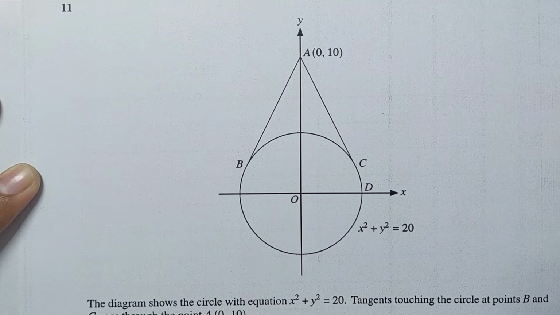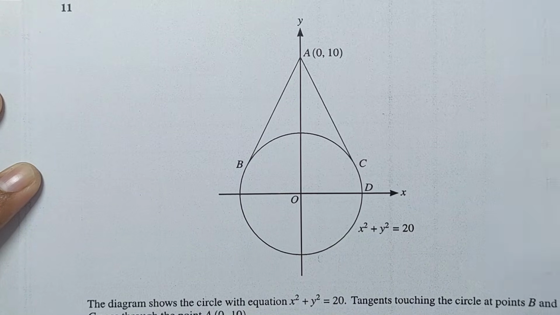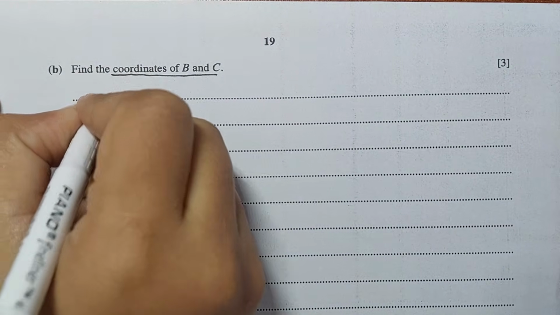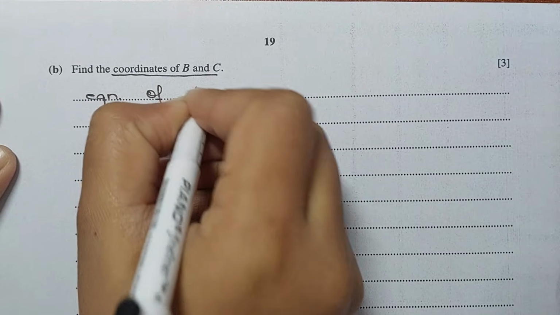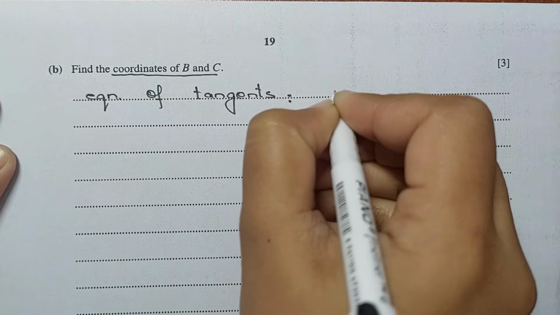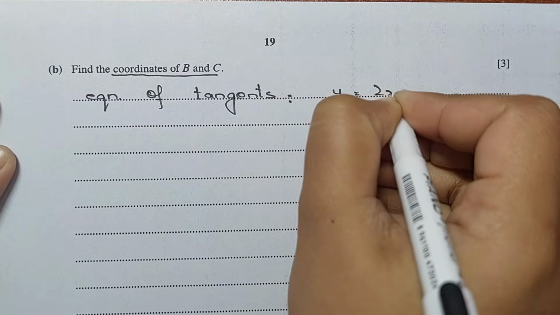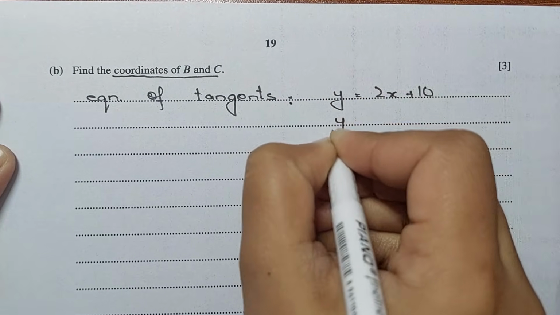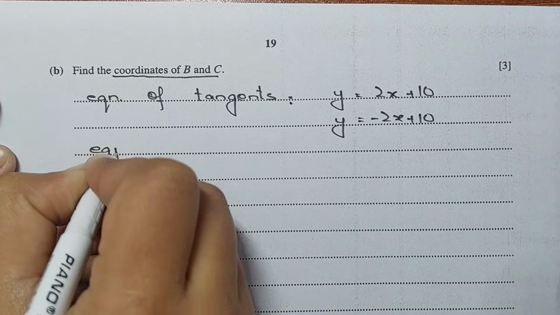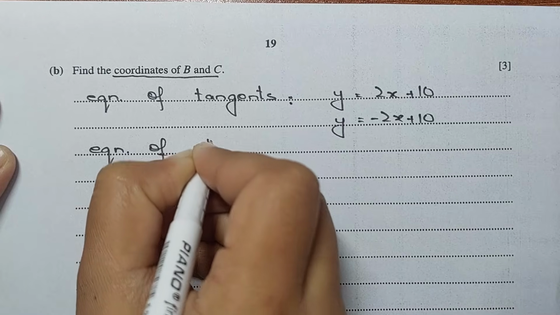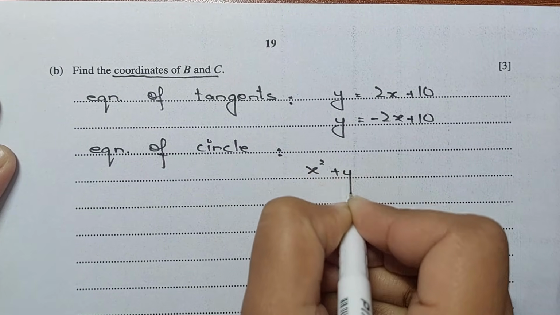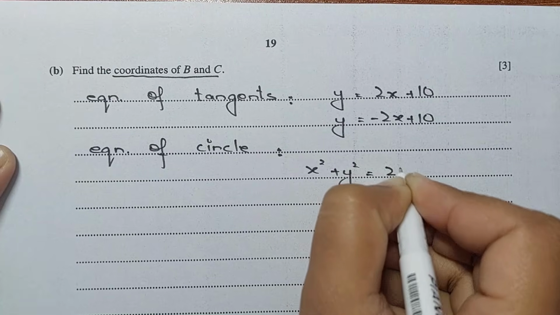Now we have the two equations of the tangents, y = 2x + 10 and y = −2x + 10, and we have the equation of the circle, which is x² + y² = 20.